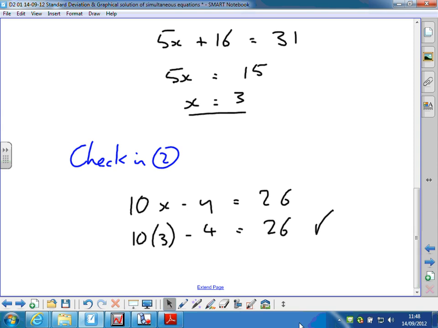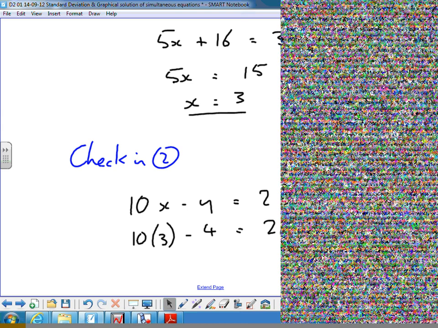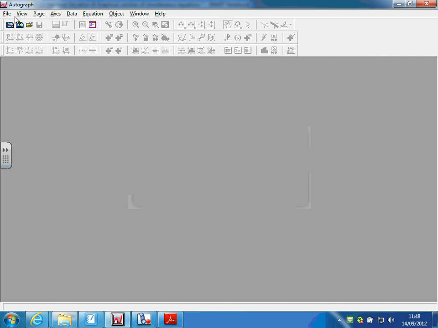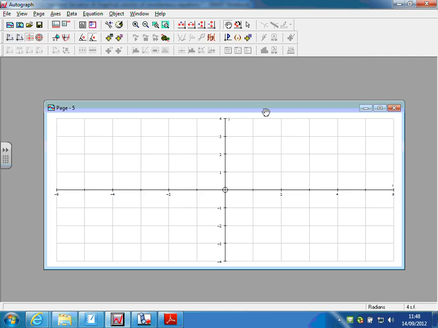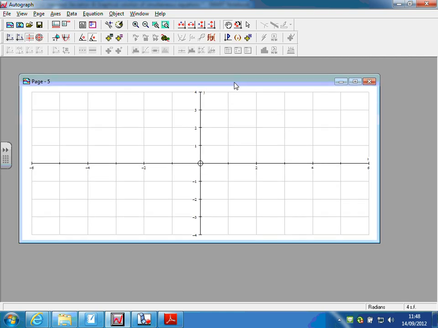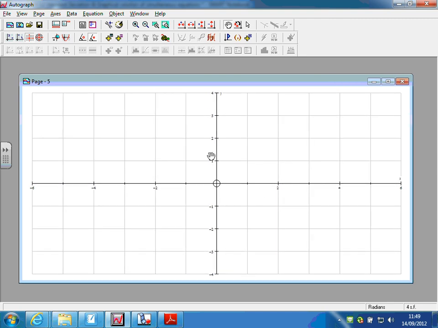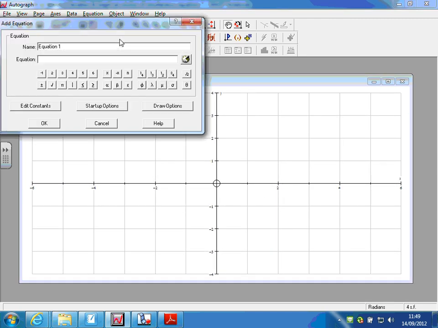So let's fire up Autograph. Start a new page. Now I just type in the equations. What's the first equation?